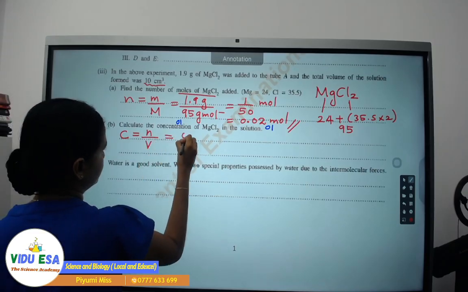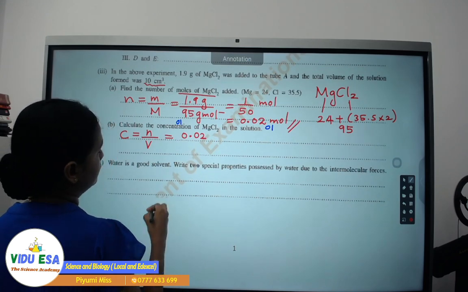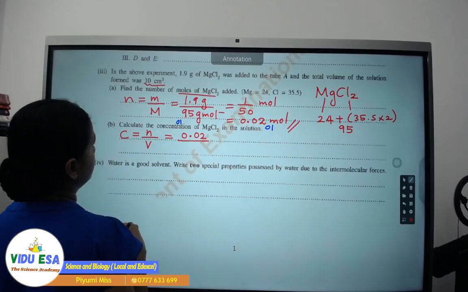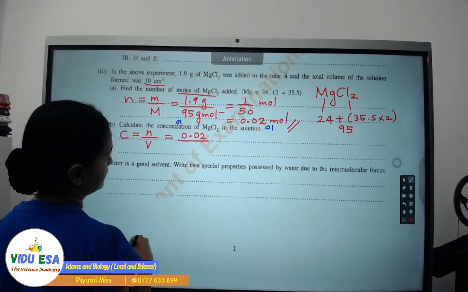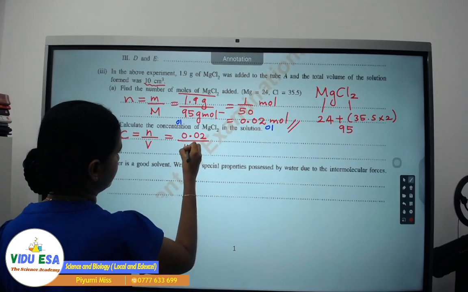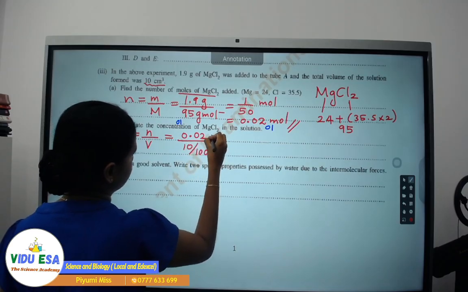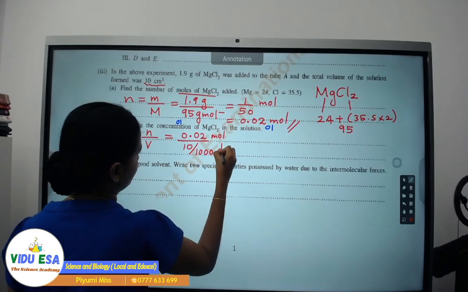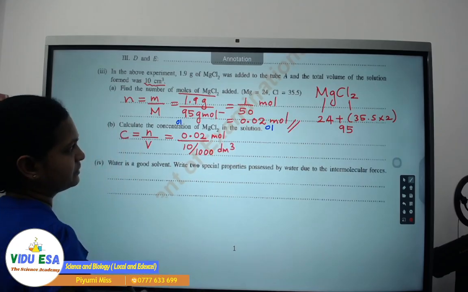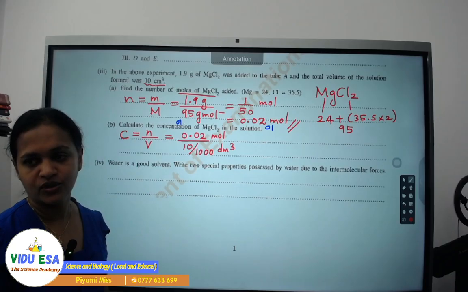The number of moles is 0.02, and the volume is 10 cubic centimeters, which is 10 divided by 1000 cubic decimeters. So it should be 0.02 moles divided by 10 divided by 1000 cubic decimeters.